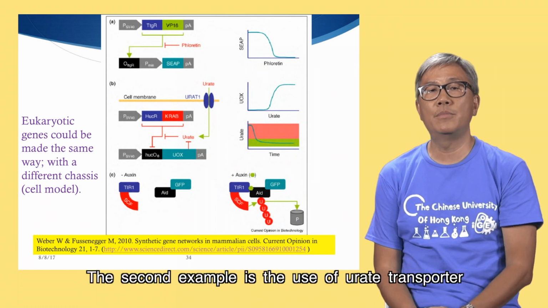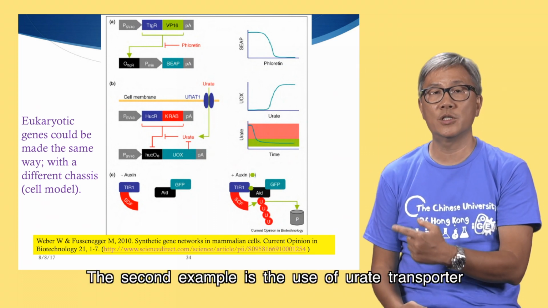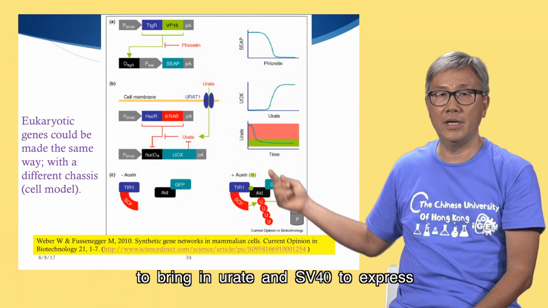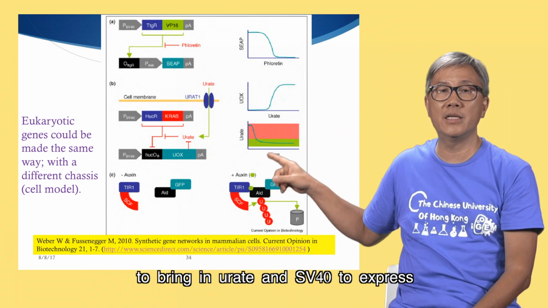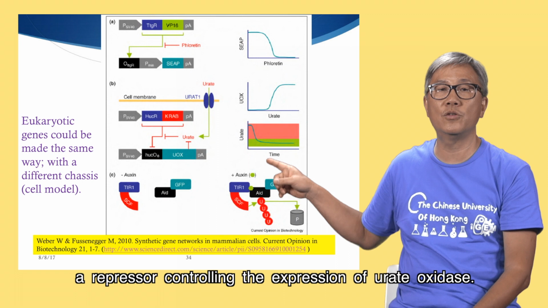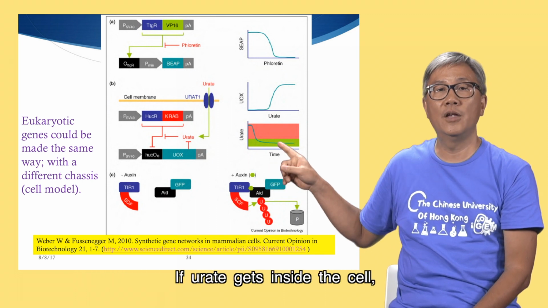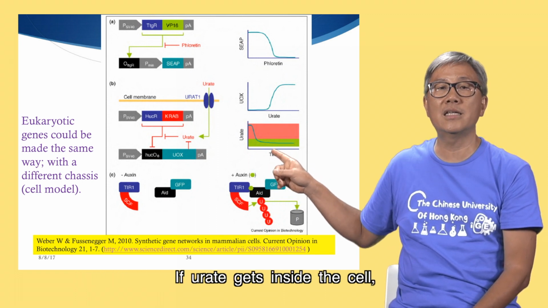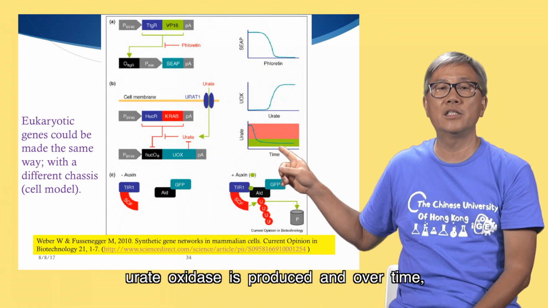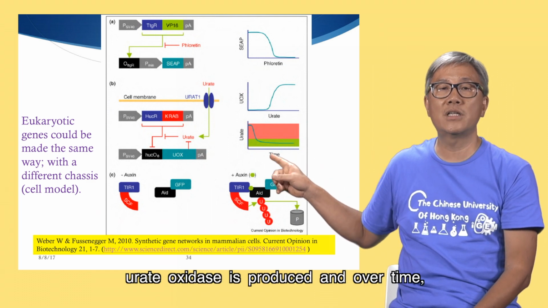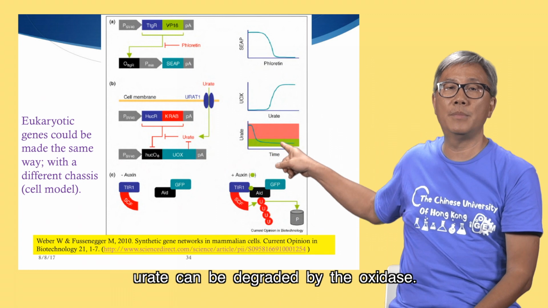The second example is the use of a urate transporter to bring in urate, and SV40 to express a repressor controlling the expression of urate oxidase. If urate gets inside the cell, urate oxidase is produced, and over time, urate can be degraded by the oxidase.